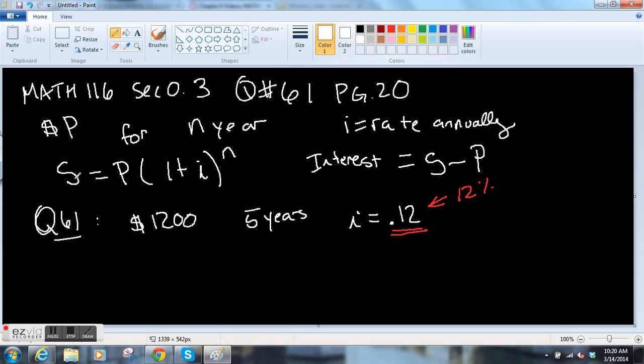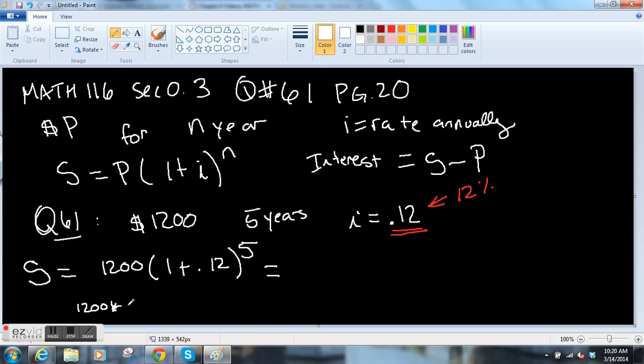So we're going to use this formula. Basically saying at the end of our 5 years, we're going to get S, the amount of money we have accrued, equal to $1,200 times 1 plus 0.12 raised to the 5. You can do this in your calculator. You're going to want to type in 1,200 times, it looks like an X, doesn't it?